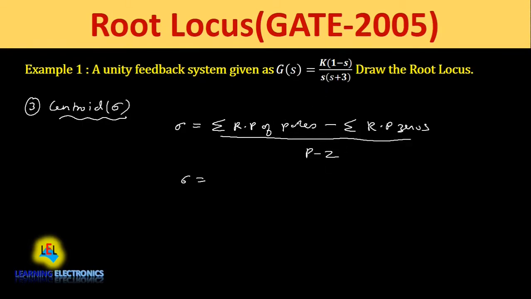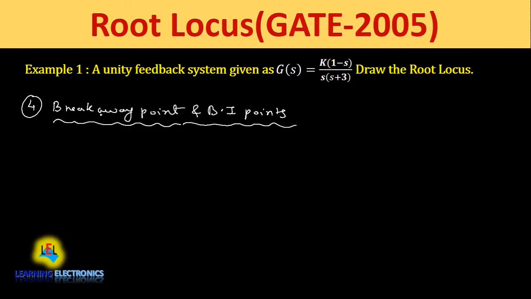From this equation, the first pole is at 0, then -3, then minus of the zero at s = 1, divided by p - z, which is 2 - 1. So from here we get sigma equal to -4.